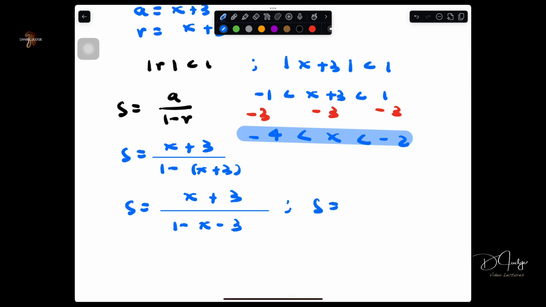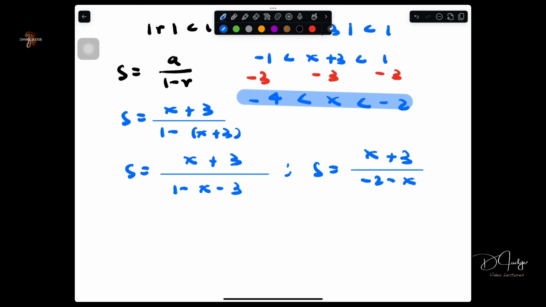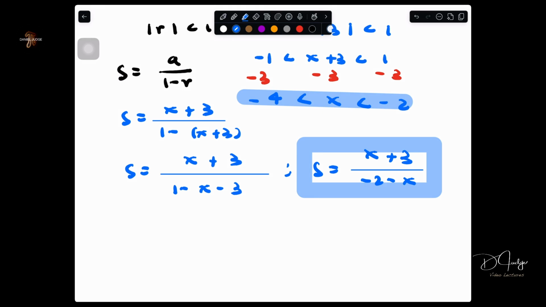The sum's going to be x plus 3 over 1 minus 3, negative 2 minus x. Anyway, we'll just keep it like that. So we converge to this particular sum for these values of x.